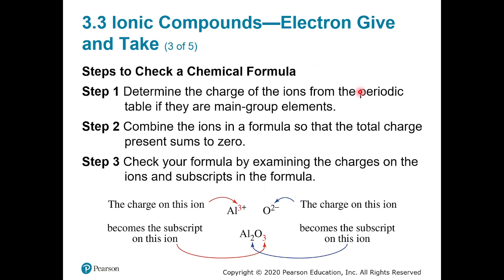Step 1, we determine the charge of the ions from the periodic table. If they're main group elements, that's going to be really easy. So we look at our periodic table, we notice that oxygen is how many steps from a noble? It wants to take 2 steps to the right. And so its preferred charge is -2, right? How about fluorine?